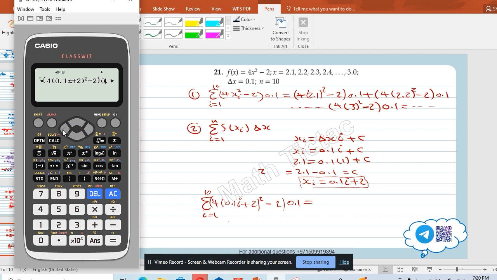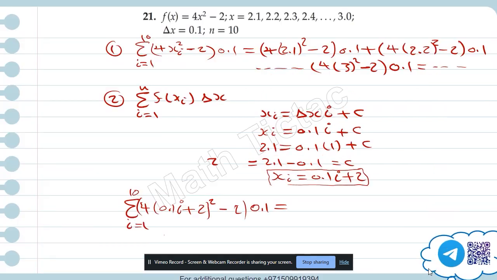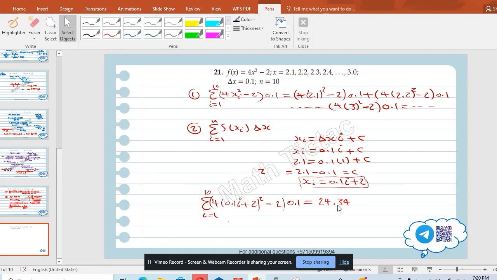Yes, it's minus 2. We can postpone the 0.1 until then. First, let me reconcile: we have 3 over here and 3 over there, yes. Now multiply the final answer by 0.1. Now this is equal to 24.34. So let's see if the final answer in the manual solution is the same.